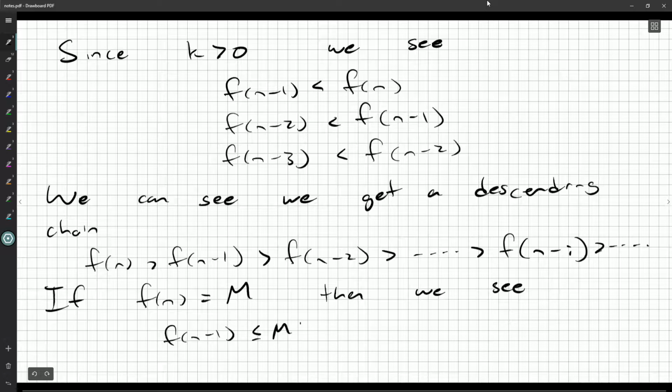So it's less than or equal to m minus 1. And f of n minus 2 is less than or equal to m minus 2. It could be a lot less, but we know that it can't be bigger than that. It can't be bigger than this because f of n can't be bigger than this. And it has to at least be 1 less than f of n minus 1. Right? And so on. So f of n minus i must be less than or equal to m minus i.